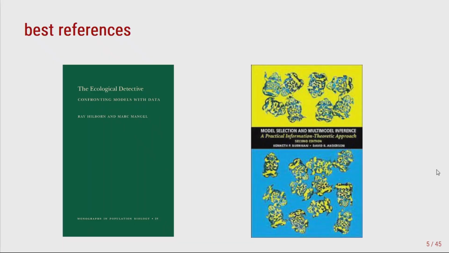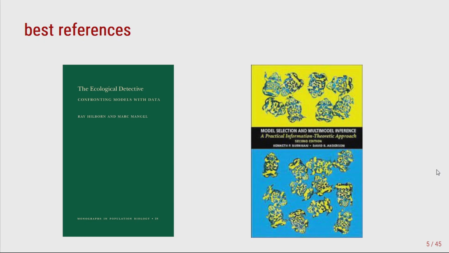So here are basic references of this idea of connecting theory with statistical modeling. This book is one of my favorites. This is The Ecological Detective, and the idea of this book is actually connecting theory with data. It's a more conceptual book. It won't give you tons of examples of statistical models, but it is not focused on that.